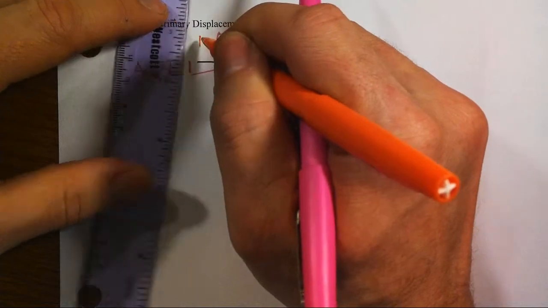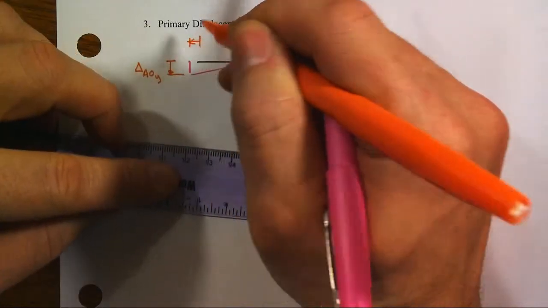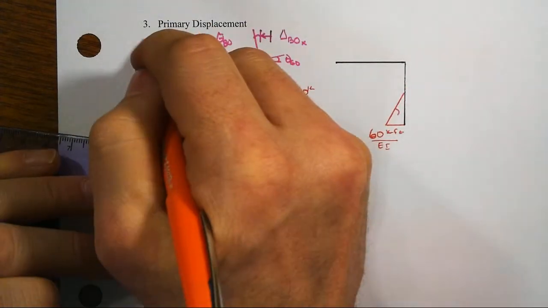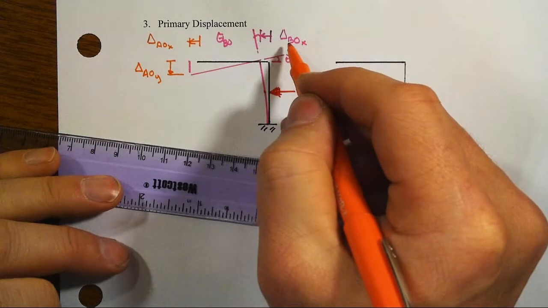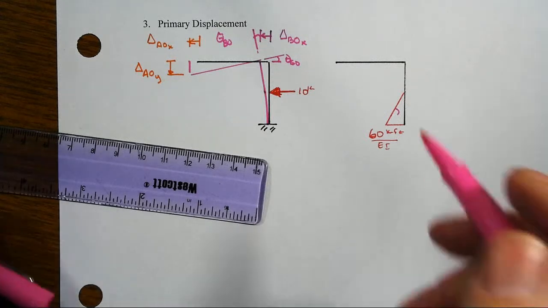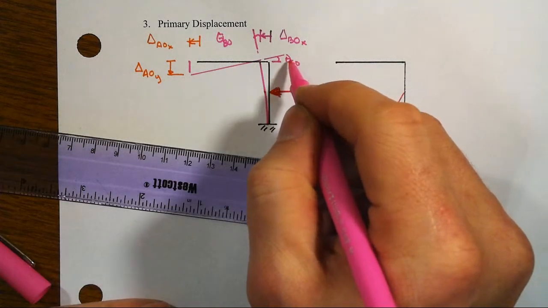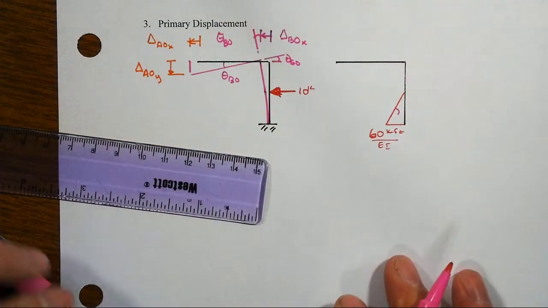Now also note, because of no shortening of the member, then A has moved to the left by the same amount that B moved to the left in this specific instance, right? And then basic geometry, if the joint rotated by theta B0 over here, then it rotates by theta B0 there as well.